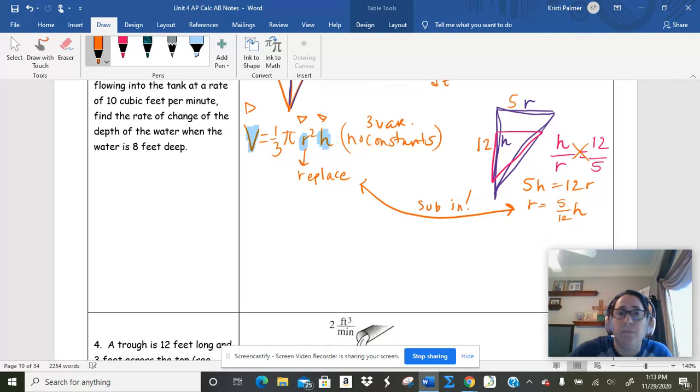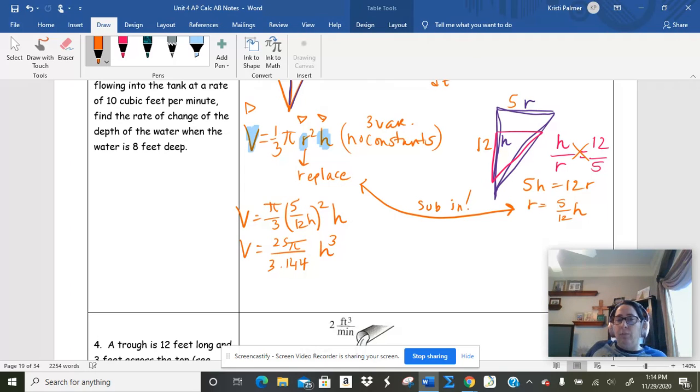Okay? So volume equals, I'm going to go ahead and write that, pi over 3. And we said R is 5 over 12 H. Whew, that looks gross. So let's see, that's 25 pi over 3 times 144 and then H cubed.